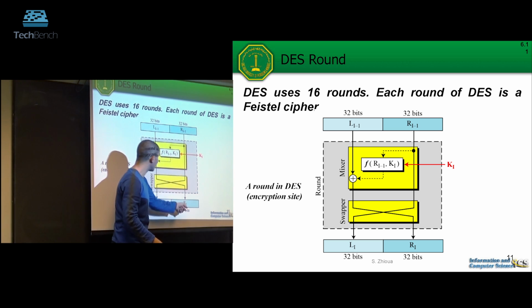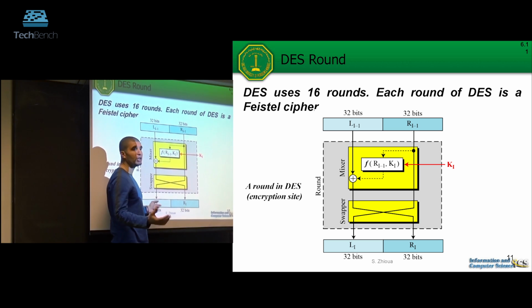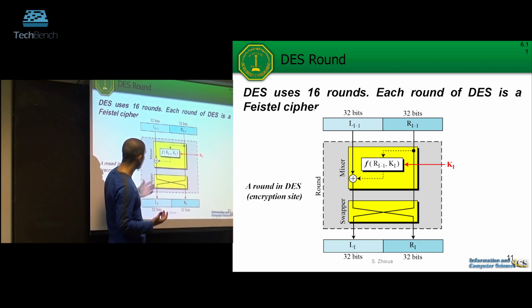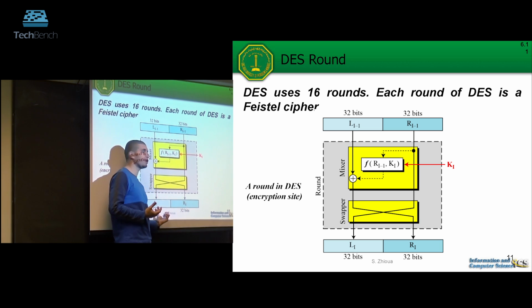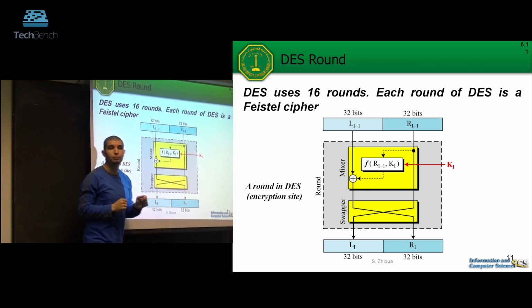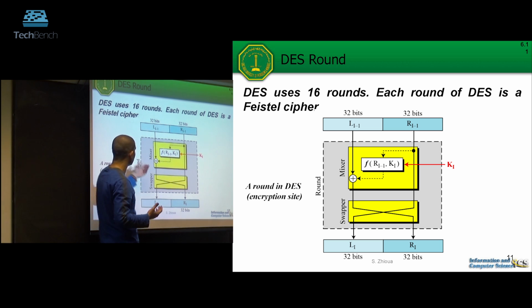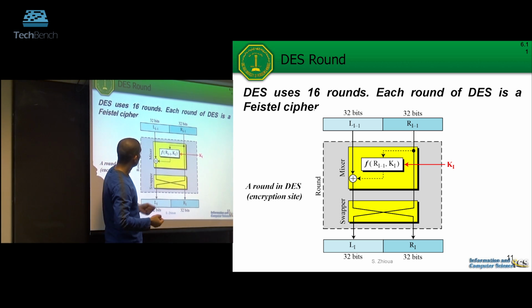This part you put at the right, and the right part you just put at the left without any modification. So in every round you are only modifying the right part. The left part is the previous round's right part. So XORing, or whitening, is easy.